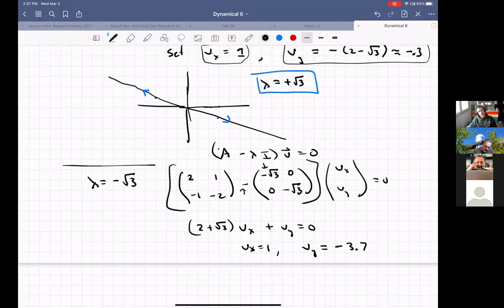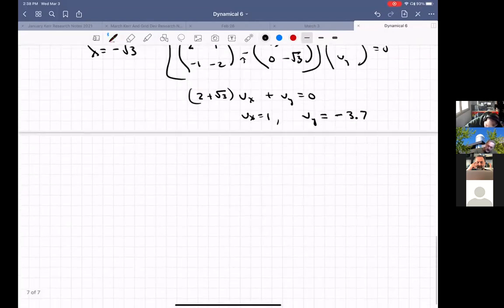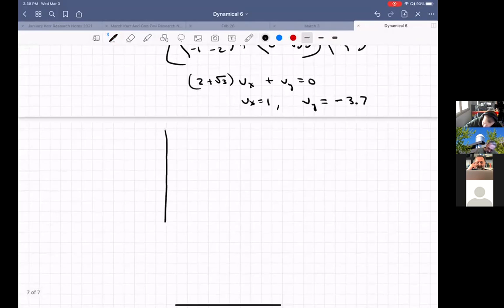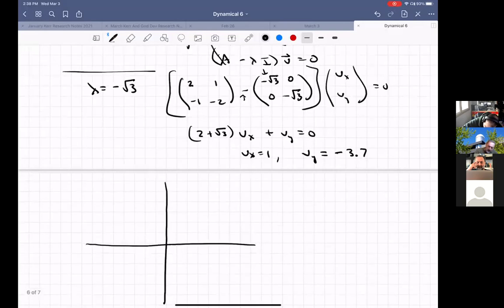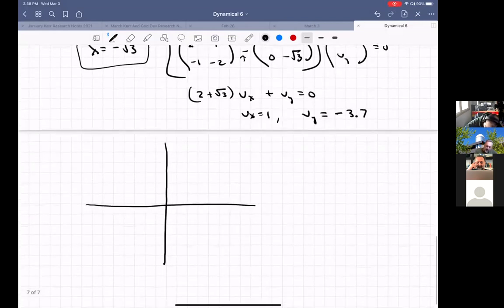So that's like here and here. So there's another axis that's coming through here like that. And that axis is the stable axis. So if I've done this correctly, that was the stable axis because the eigenvalue was negative. If the eigenvalue is negative, then the axis associated with the eigenvector is the stable manifold.